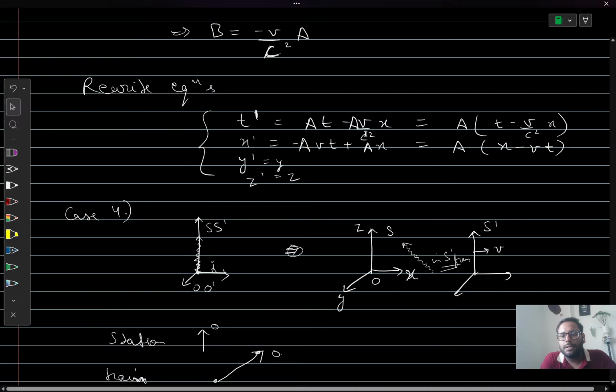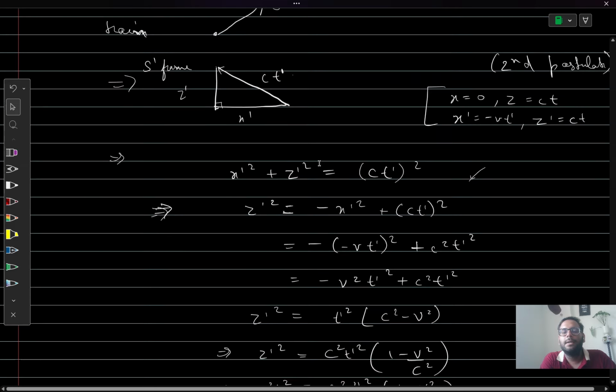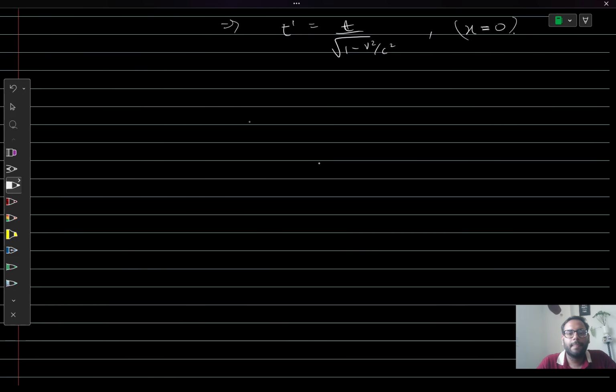When you consider an event at x equals 0, as we considered in this fourth case, t prime will be equal to a t. So you finally found that a is equal to 1 over the square root of (1 minus v squared by c squared).